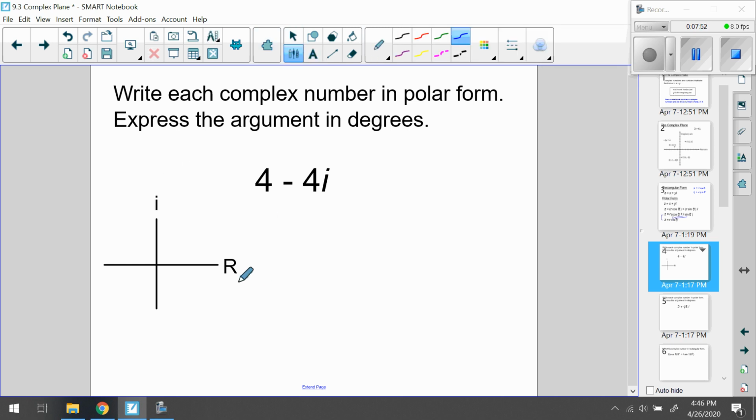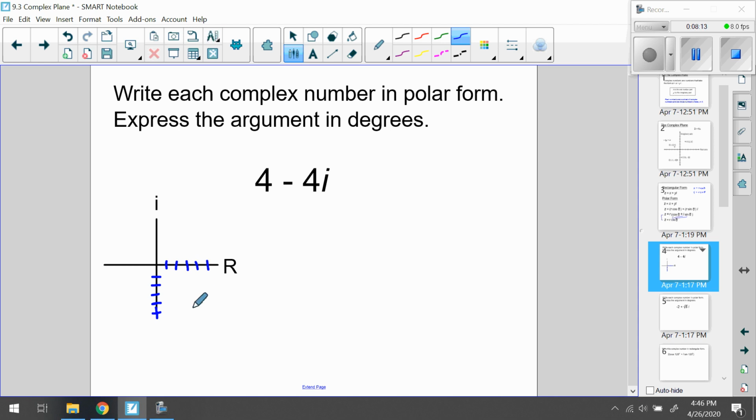And so if I were plotting this point, I would go over 4 units along the real axis, and then since it's negative, I would go down 4 units for the imaginary axis. I just like to put a little space after the fact.